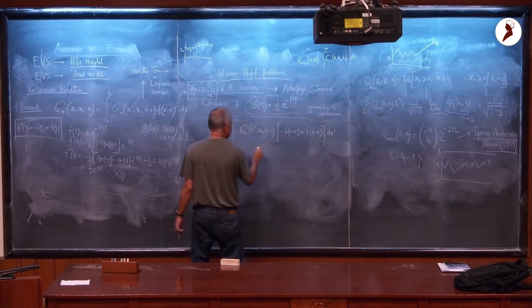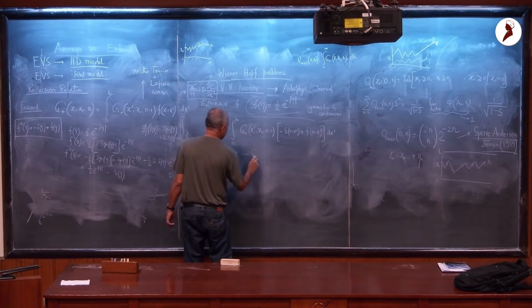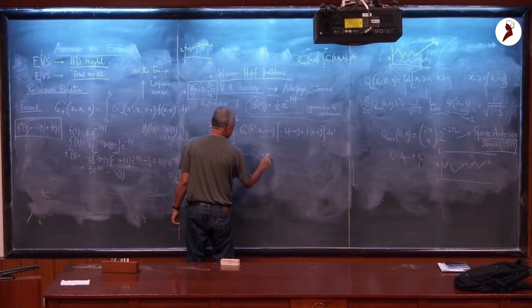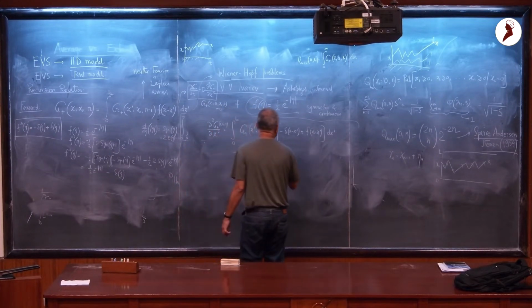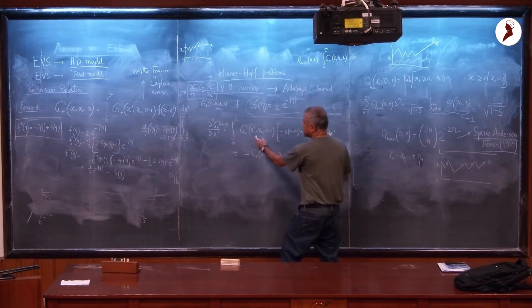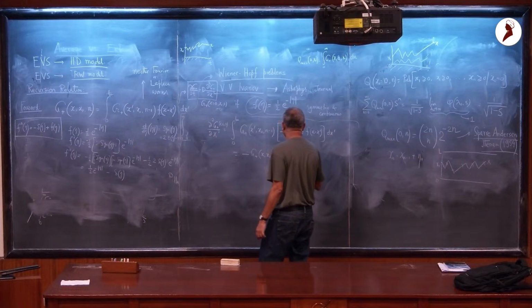So for the first term, this is a delta function integral, so x prime just becomes x. But for the second term, I use exactly the same recursion relation again. So this is just g plus of x naught n.